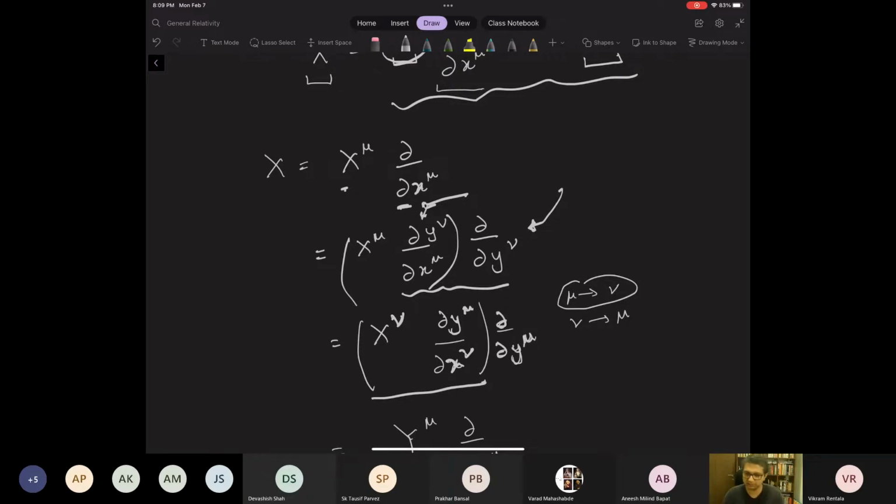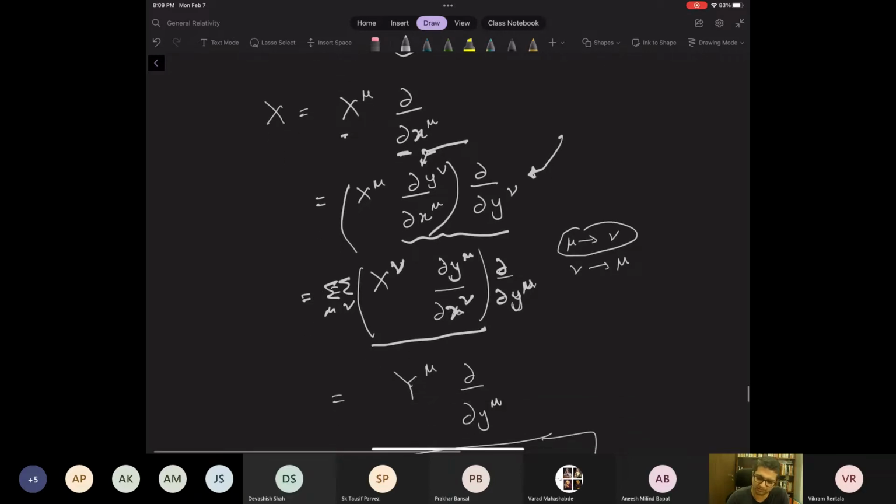These are dummy indices because I'm summing over them. I'm summing over mu and summing over nu, and therefore I can change the label of what I'm calling mu and nu. And so now this entire coefficient is precisely what I'm calling y mu. So this is y mu partial y small y mu.